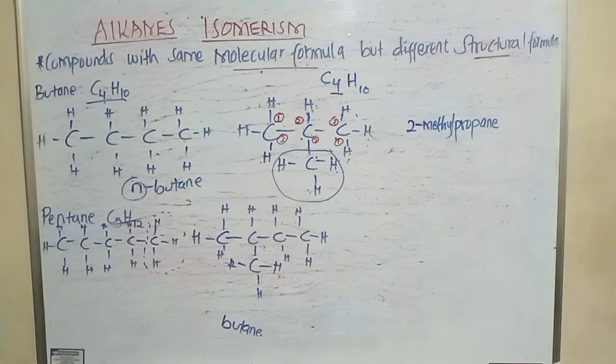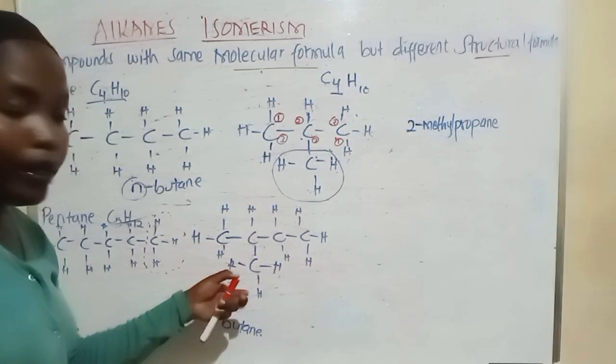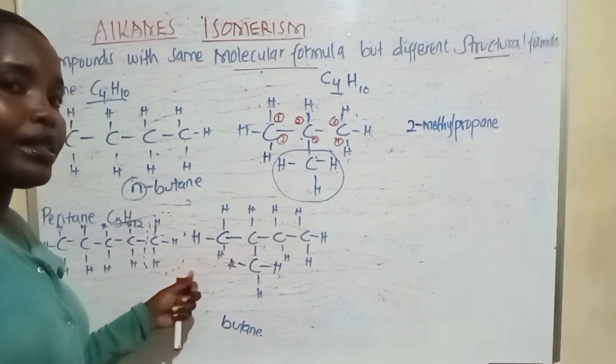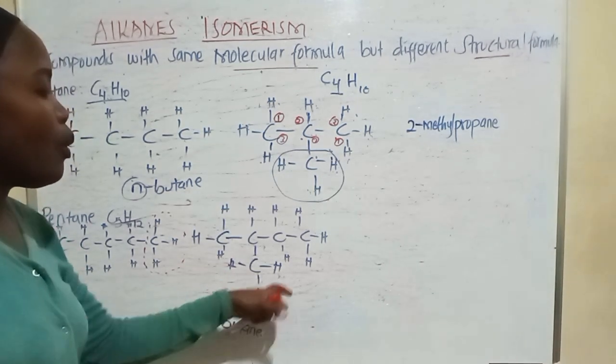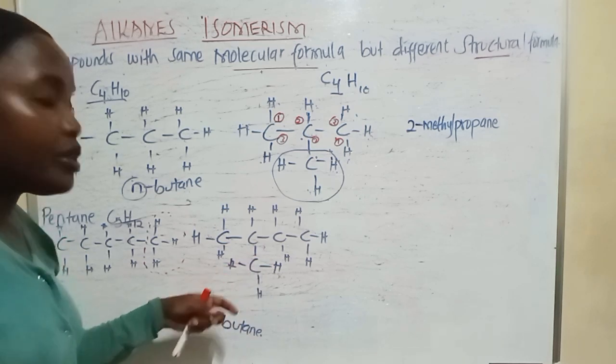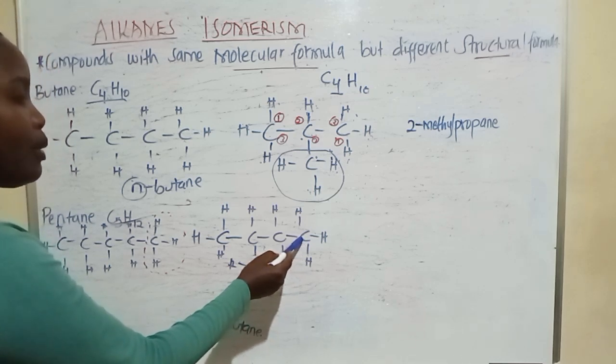After you have identified the longest carbon chain, you number your compound from the side that is going to give your methyl group the least number possible. If you start from this side, the methyl group is in carbon number 3.